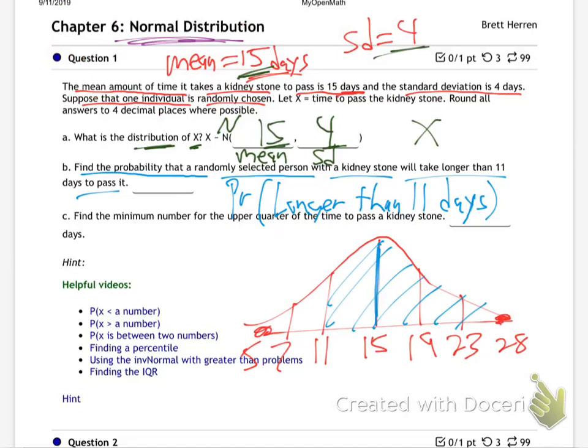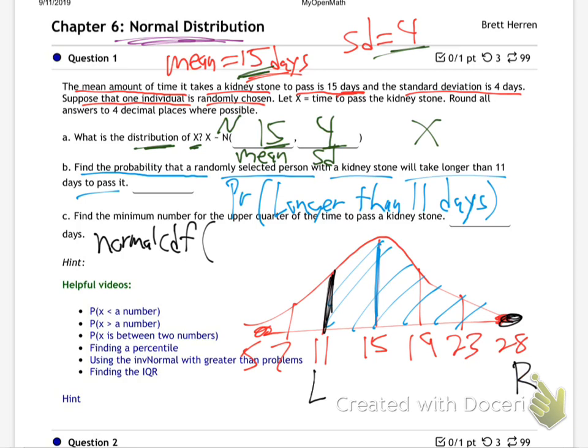So let's go back here. I'm going to go NormalCDF. Okay, left edge. Now, what do they mean, left edge, right edge? They mean the left edge and the right edge of the chunk of shading.